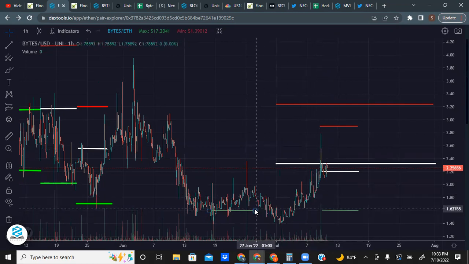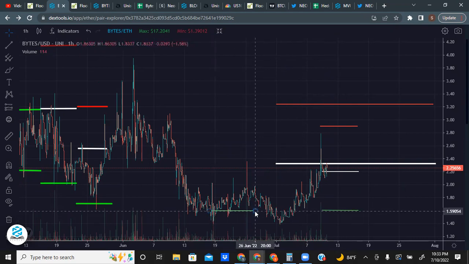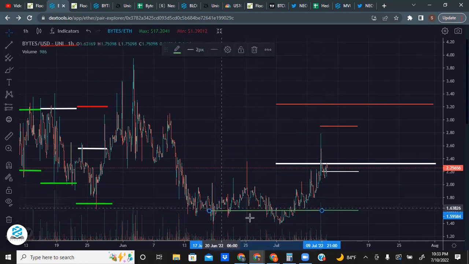So from the lows of we had about $1.60 was the pivot that in my previous video was the first support, and it's been pretty true. For some reason these charts aren't saving all of my previous pivots, and so they just kind of disappear. So I just kind of add them back here.